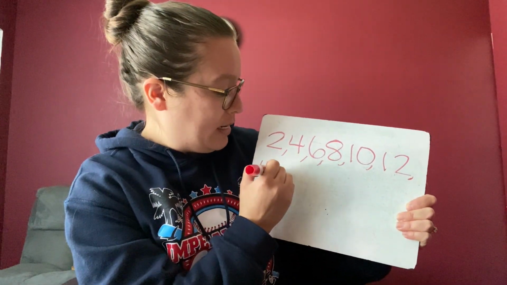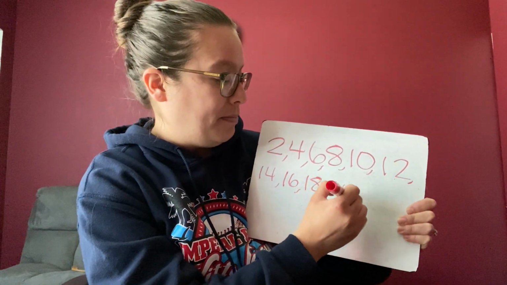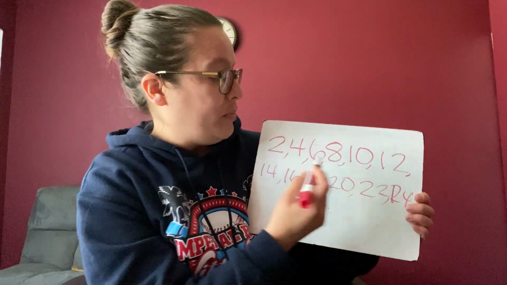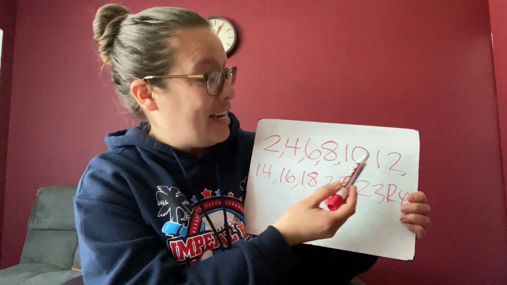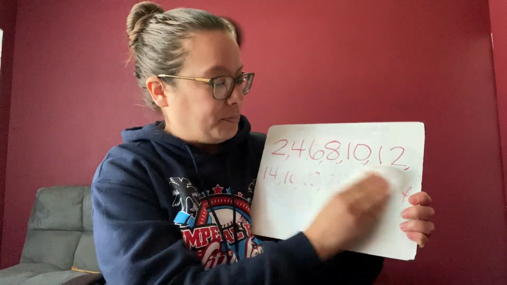You could. 2 times 7, 14. 2 times 8, 16. 2 times 9, 18. 2 times 10, 20. 2 times 11, 22. 2 times 12, 24. So these are all the multiples of 2. If someone said, hey, boys and girls, what are the multiples of 2? You would say 2, 4, 6, 8, 10, 12, 14, 16, 18, 20. Okay? So those are what multiples are.